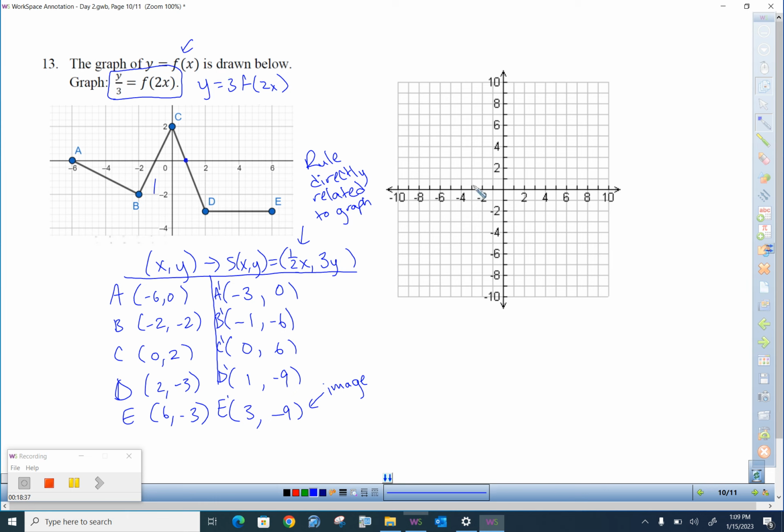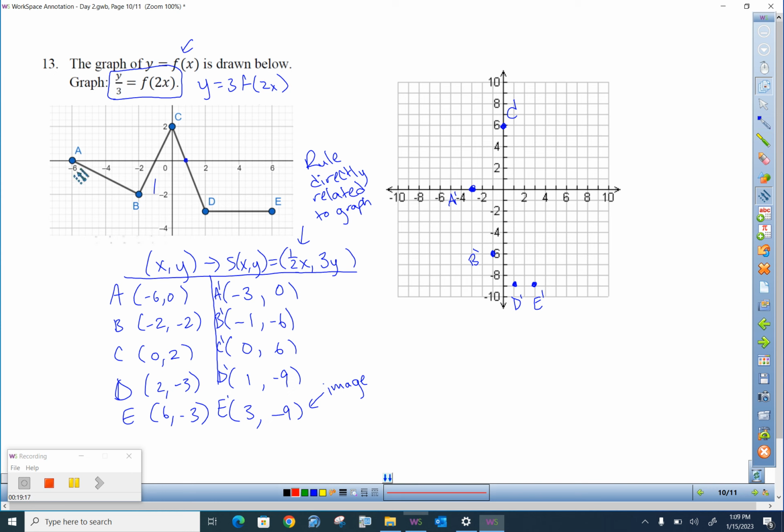So plotting these points, they gave us a scale this time. I will tell you that sometimes I give you a graph that doesn't have any labels on it. That's just because sometimes when you do a scale change, the numbers are wildly different, and there's no guarantee it's going to fit on the same graph as the original. So in those cases, be sure that you pick a scale that's appropriate and let me know what that scale is.